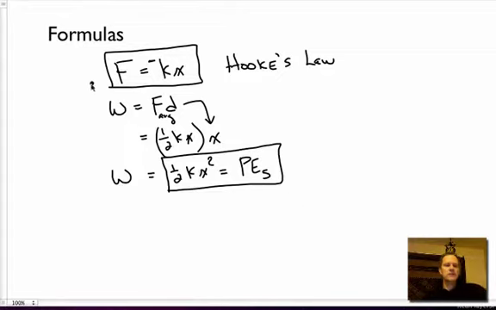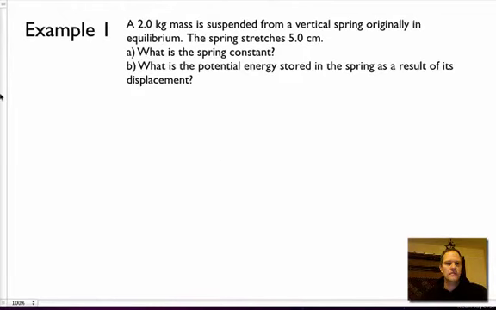Let's take a look at an example. So here we have a 2 kilogram mass that's suspended from a vertical spring, originally in equilibrium, and the spring stretches 5 centimeters. So if we sketch what we've got, here's condition 1, here's the spring, and it's in equilibrium.